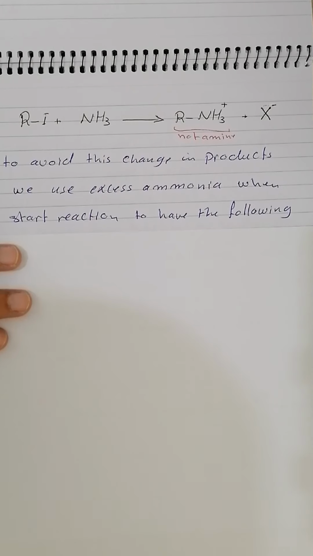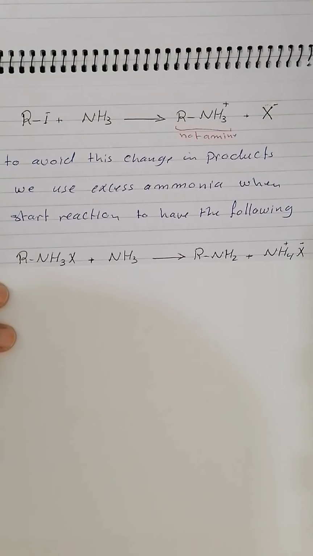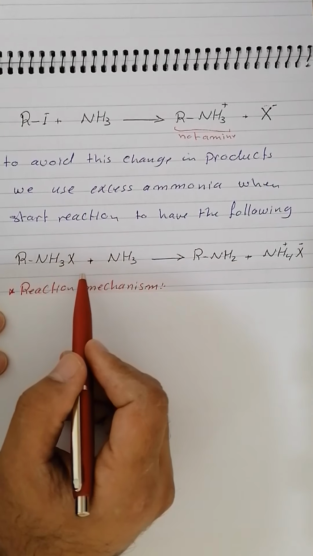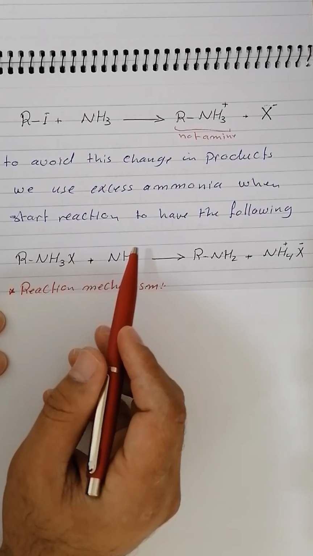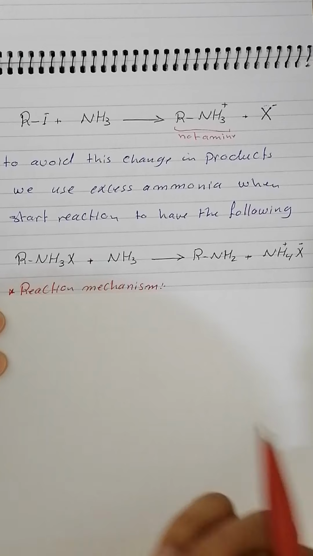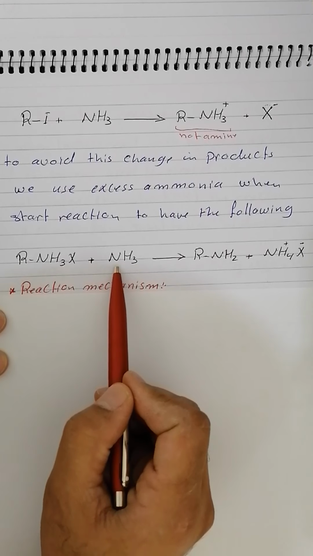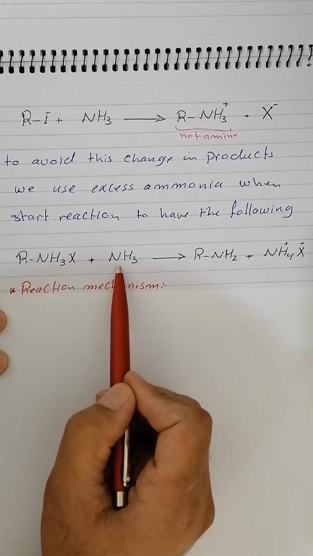When we start the reaction, what will happen? When the acid forms and we add excess ammonia, we will get amine. What is the main change when we add excess ammonia?